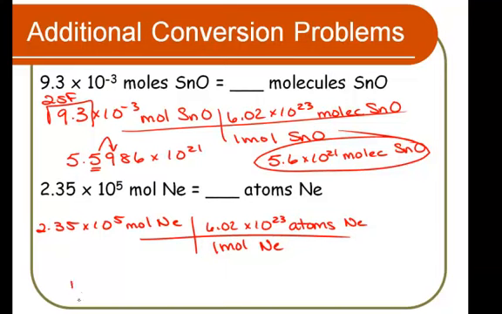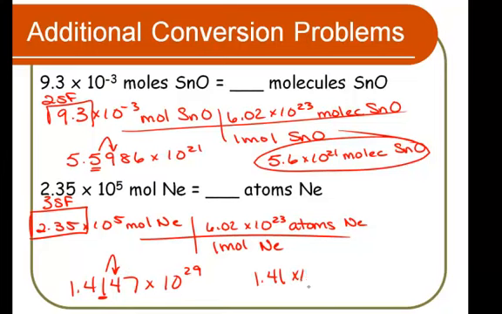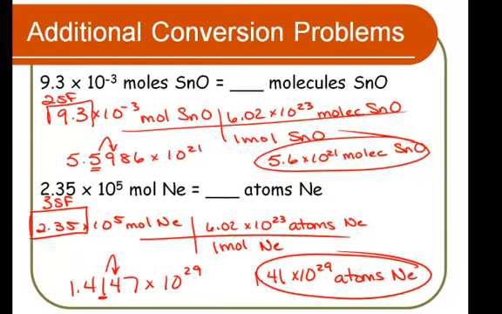We get 1.4147 times 10 to the 29th. 2.35 has 3 significant figures, and our third significant figure here is the 1. So we look to the right, the 4 tells us to keep the 1 the same, so our answer is 1.41 times 10 to the 29th atoms of neon.